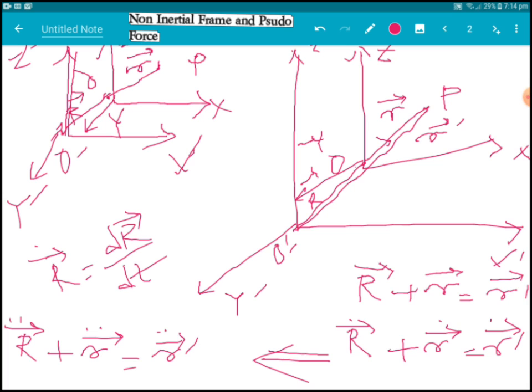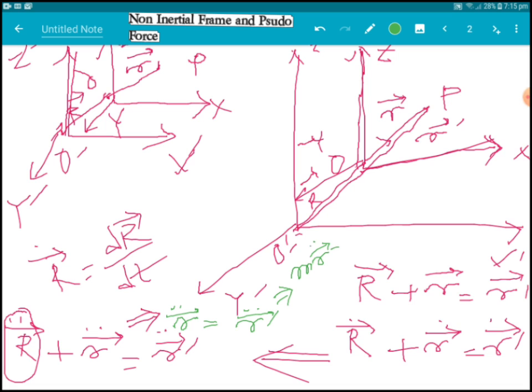Now in case of an inertial frame, this frame moves with a uniform velocity with respect to the fixed one. So for this case R double dot will be 0 and r double dot will be equal to r dash double dot. From this, m r double dot is equal to m r dash double dot.